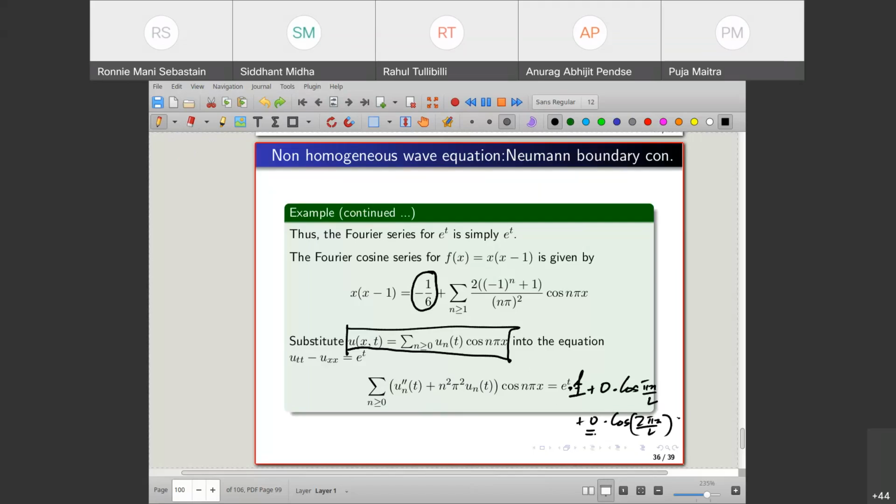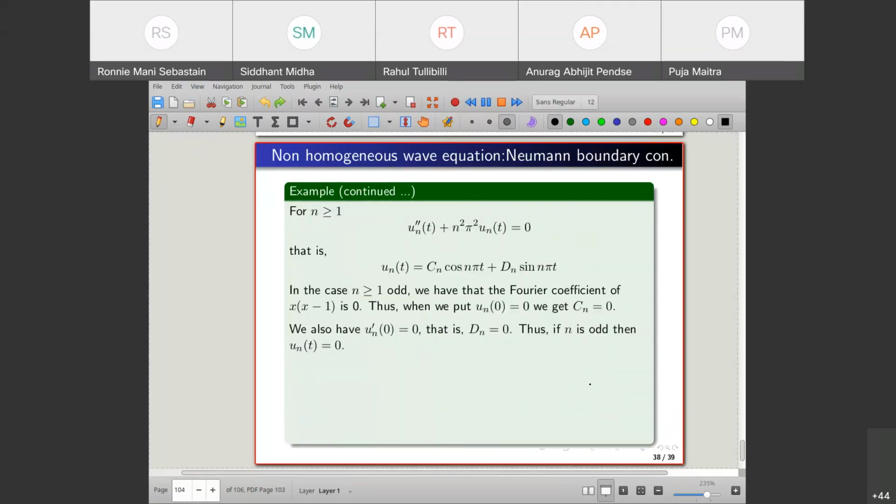Right? So all the other Fourier coefficients are 0. So for n greater than or equal to 1, these things have to be 0. Thus the general solution is this. And now we have to find the cn's and dn's using the Fourier coefficients.